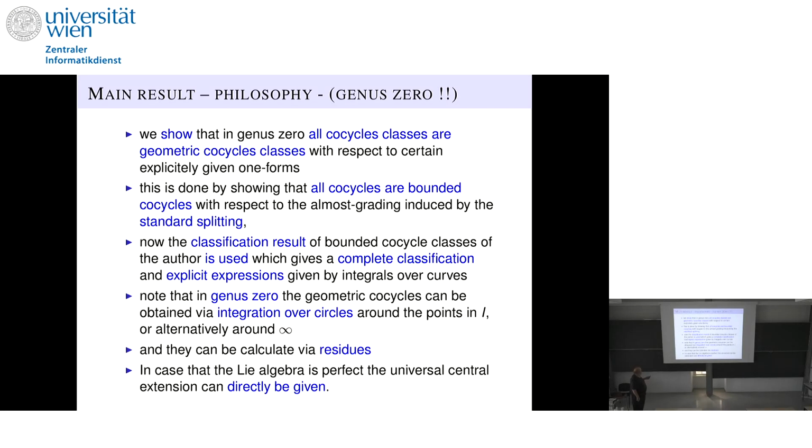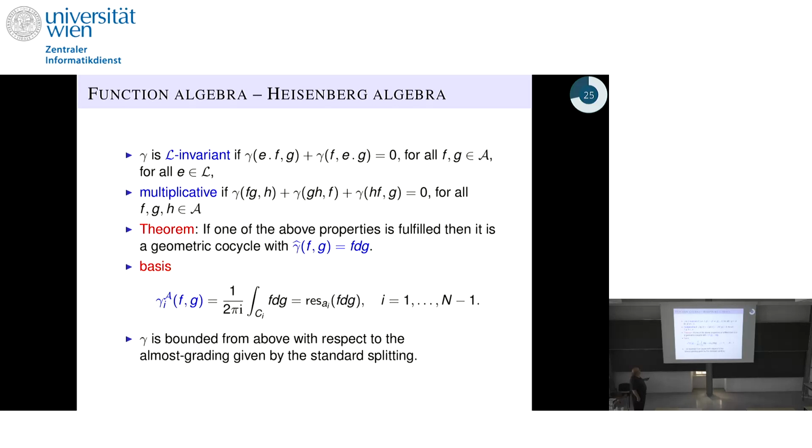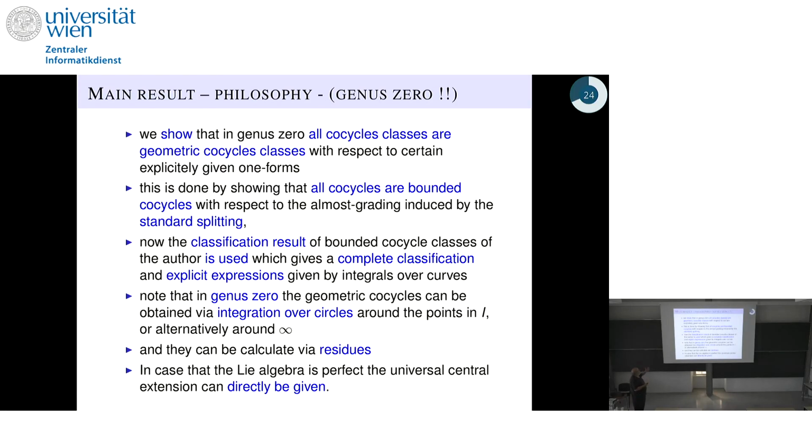The main philosophy of the genus theory is that we show that all cocycle classes are geometric cocycle classes, in this genus 0 case up to the number of points, and that all cocycles are bounded with respect to the standard splitting. Now we use my classification results, we can really write them down, and we even give the universal central extension.